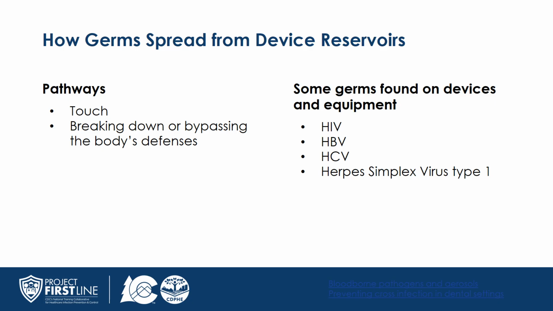Dental devices and instruments can also pick up germs from the patient, and if these devices and instruments aren't sterilized or disinfected in the correct way, they can carry germs to other surfaces and to other patients.